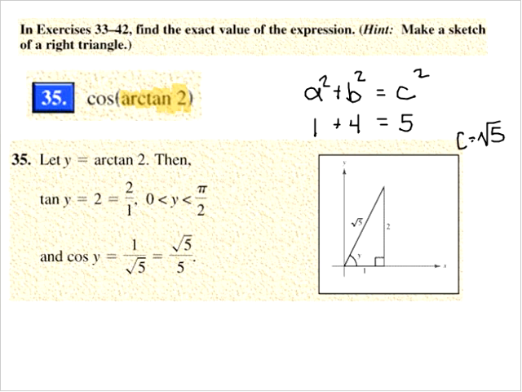All right, you're going to have to find that missing side because then we want to find cosine of the angle y. So cosine, remember, is adjacent over hypotenuse. So adjacent is 1, hypotenuse is square root 5. You have to rationalize the denominator, so you multiply both the top and the bottom by square root 5 to get your final answer of square root 5 over 5.